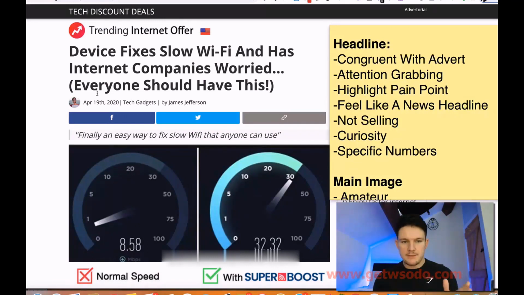But I'm going to start off with this main one, which is the advertorial style landing page. Advertorial landing pages work really well because they don't feel like you're selling to the person that's reading it. Because if you remember, the adverts don't actually look like adverts. They blend into the content. So when someone's reading the news, they're not planning on being sold to. They're not planning on buying any products that day.